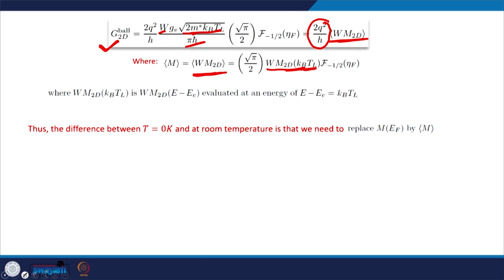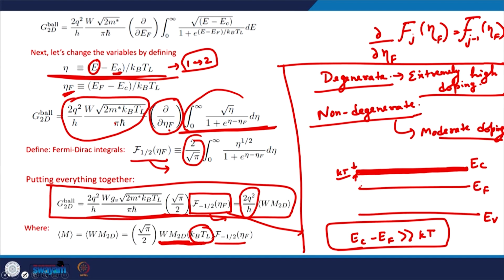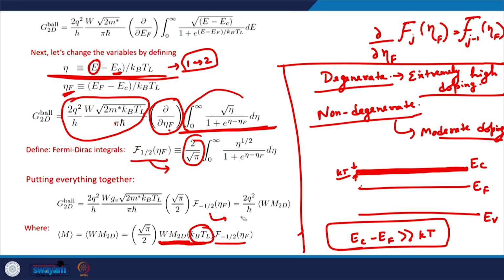Okay. So, what I mean to say is that this constant in our expression is essentially W times M2D evaluated at kT, and this is justified in the case of non-degenerate semiconductors, because electrons only occupy around 1 or 2 kT, or in most of the cases around 1 kT of energy range in the conduction band.